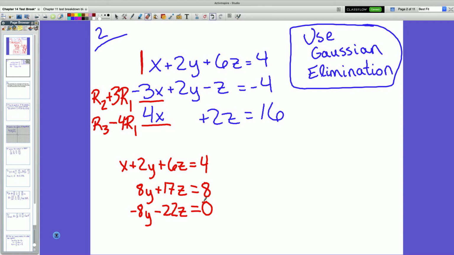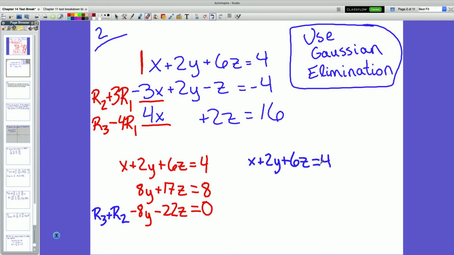Well, the nice thing about what I just did is that my bottom row, row 3, all I got to do to get rid of its leading coefficient is add row 2. Right? So I can go ahead and do that. So I have x plus 2y plus 6z equals 4.